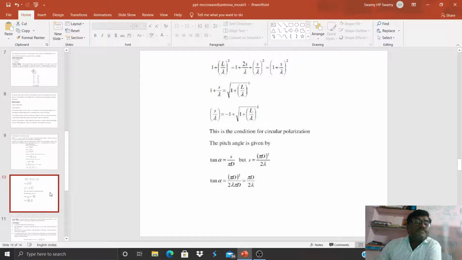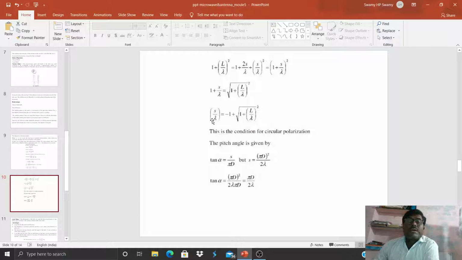So now 1 plus L by lambda whole squared is equal to 1 plus 2S by lambda plus S by lambda whole squared, that is equal to 1 plus S by lambda whole squared. So 1 plus S by lambda is equal to the root of 1 plus L by lambda whole squared.